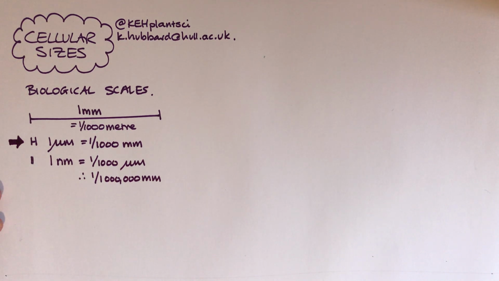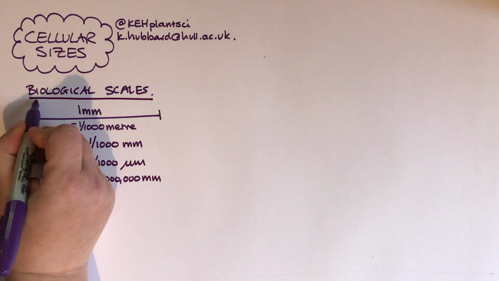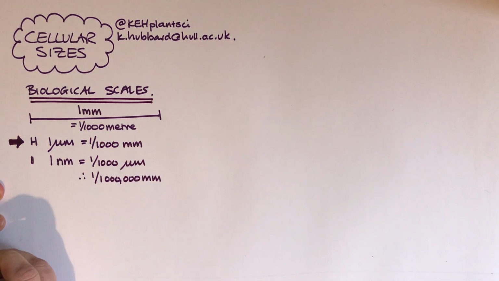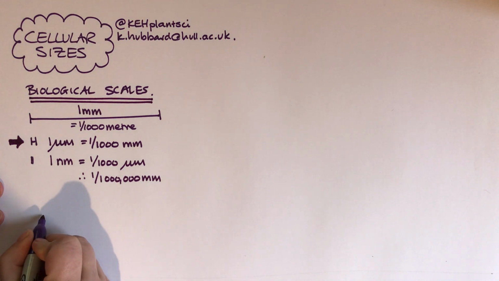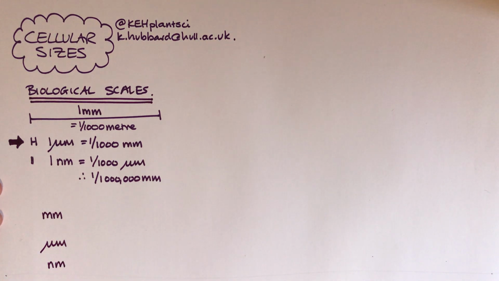So we might want to first of all think about how we might convert from one of those to the other, and there's a simple way of doing it. If you think about millimetres, micrometres and nanometres, the way that we convert between these is simply to either times or divide by 1,000.